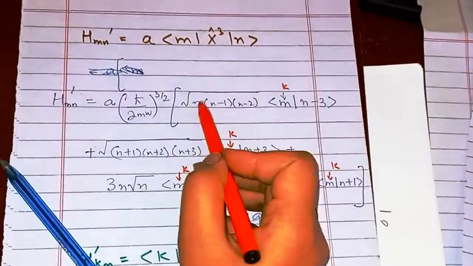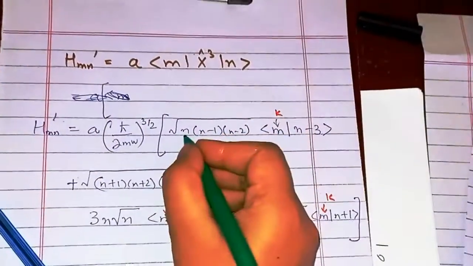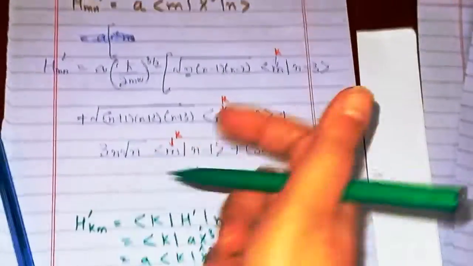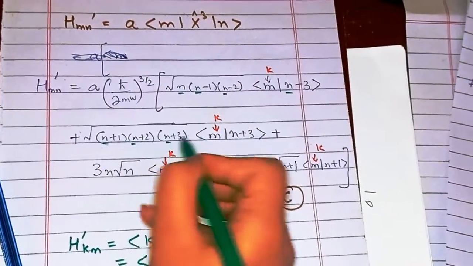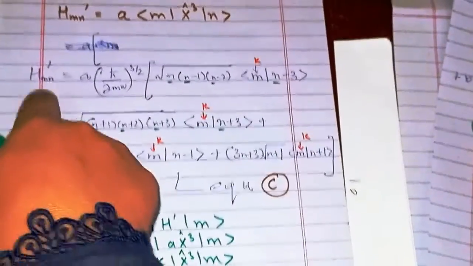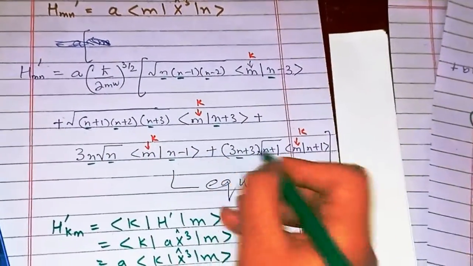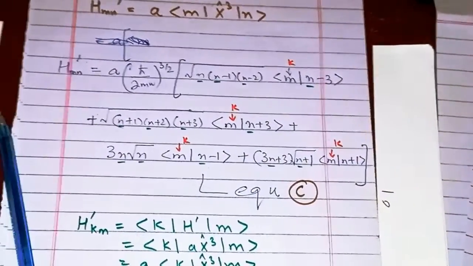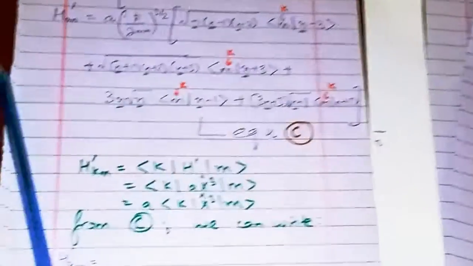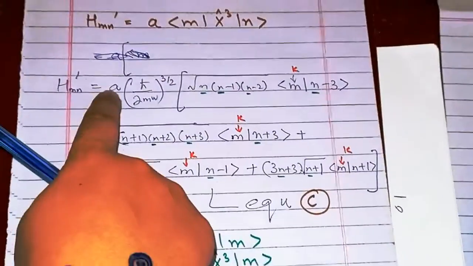And wherever there is n, you are supposed to write m. I hope you got my reasoning behind doing that, because we can see in comparison how the quantum numbers are different in both situations. The rest of everything is the same and nothing else changes.